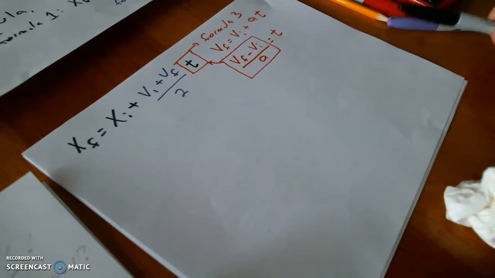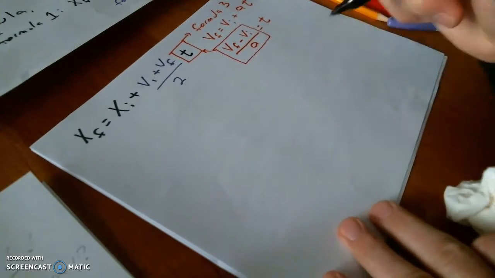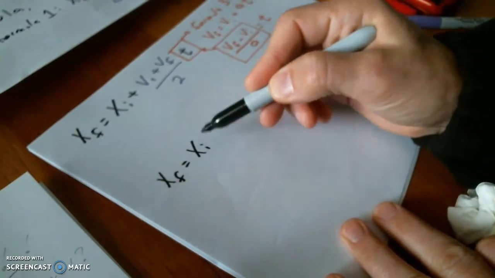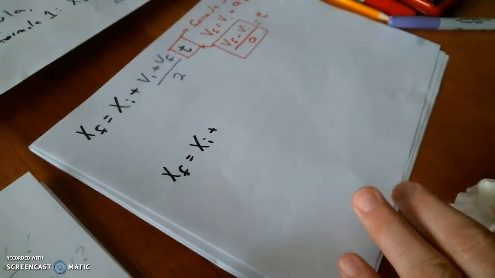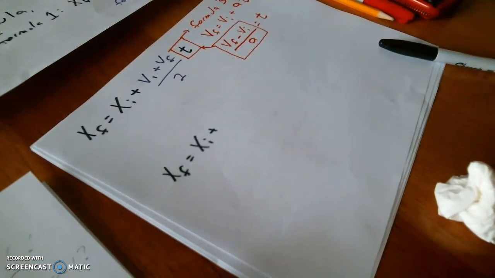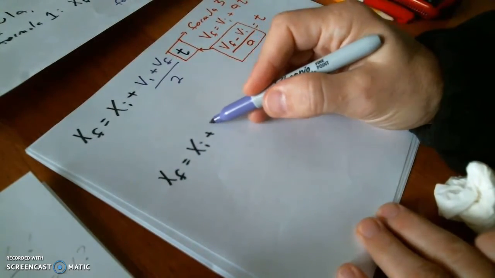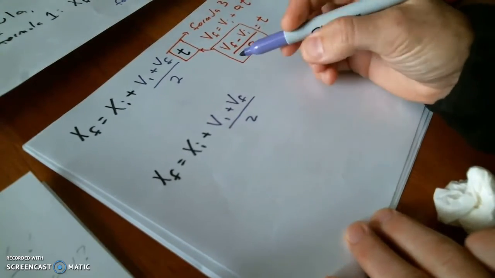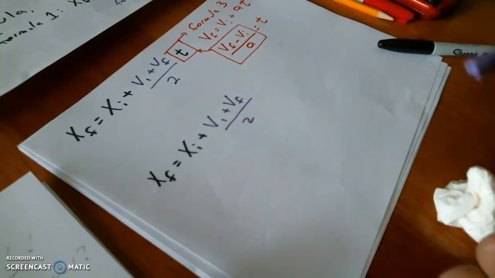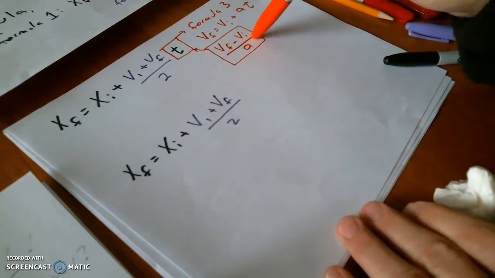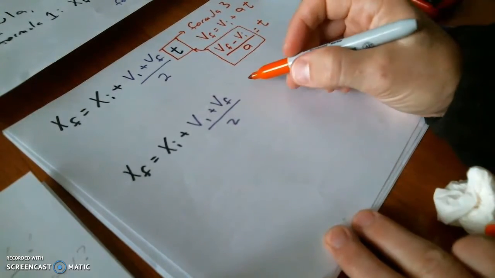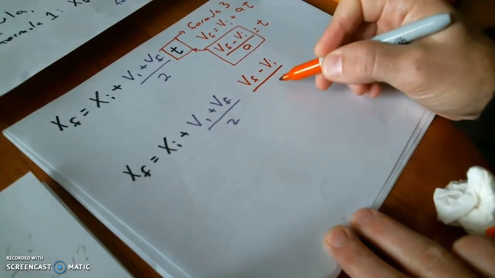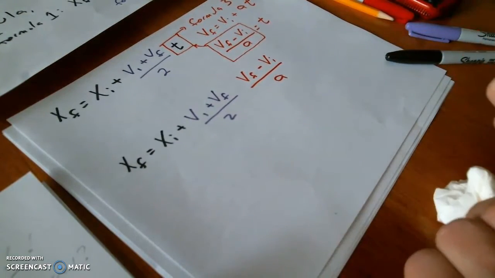And so what 5-ULA ends up looking like is XF is equal to XI plus, and then what's in purple is formula 2 here, VI plus VF over 2. And I'm going to multiply that by what's in orange. That's formula 3: VF minus VI over A. Okay?